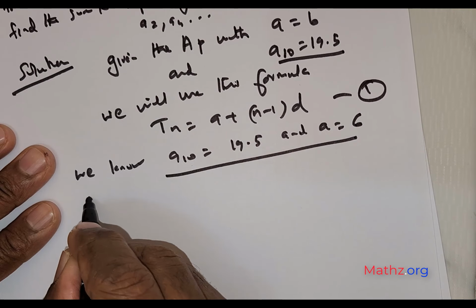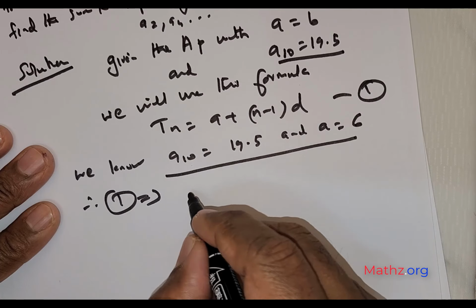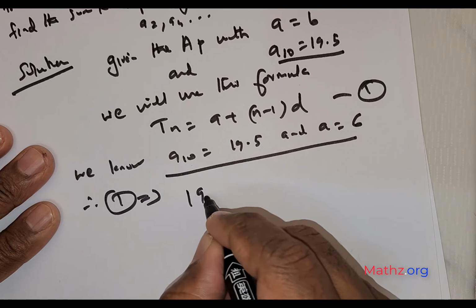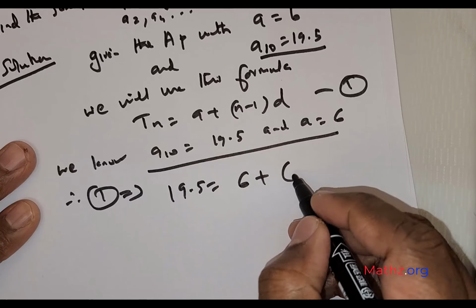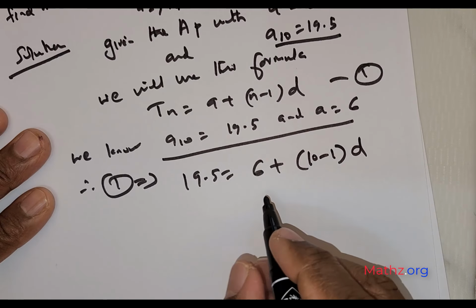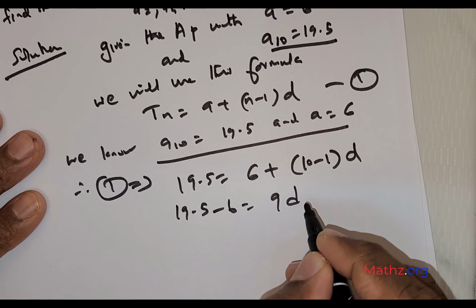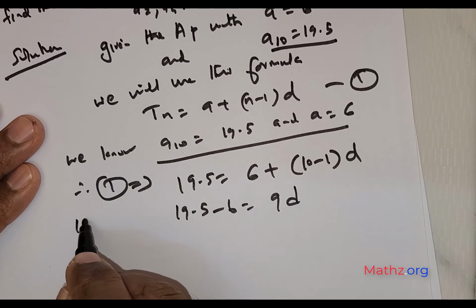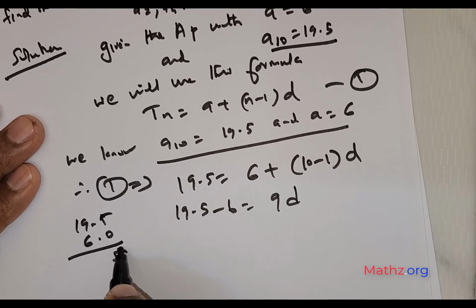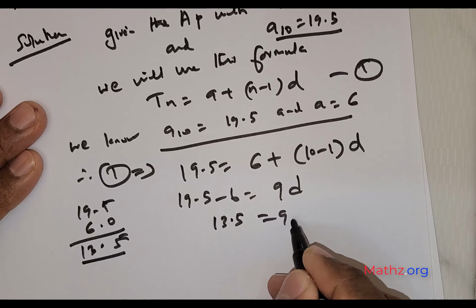So 19.5 is equal to the first term 6 plus, focusing on the 10th term, 10 minus 1 into d. So 19.5 minus 6 is equal to 9 times d. From 19.5 you take away 6, and that gives you 13.5. So 13.5 is equal to 9d.